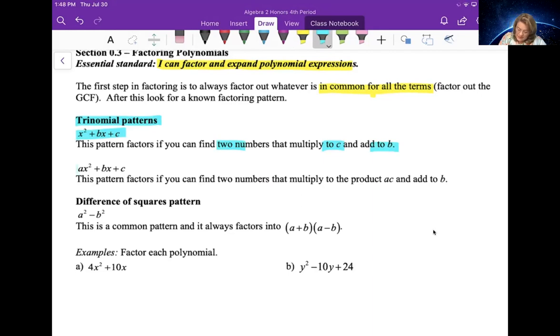The second pattern you might see is where you have an integer in front of the x squared, ax squared plus bx plus c. In that situation, you need to find a factor of the product of a times c, so multiply a times c, factor it, and find two numbers that add up to b, okay?